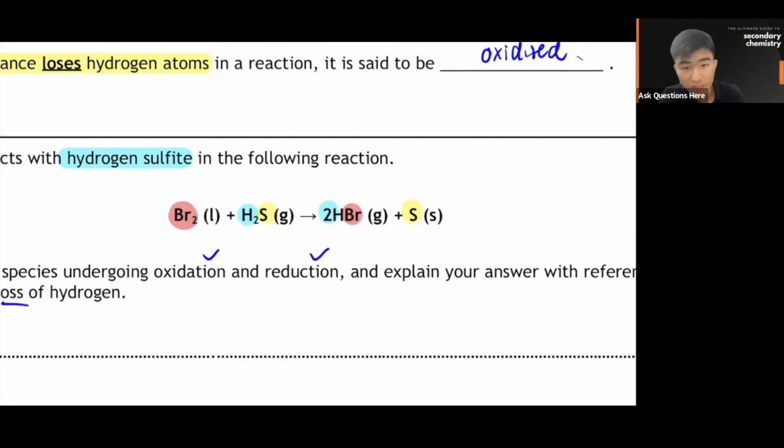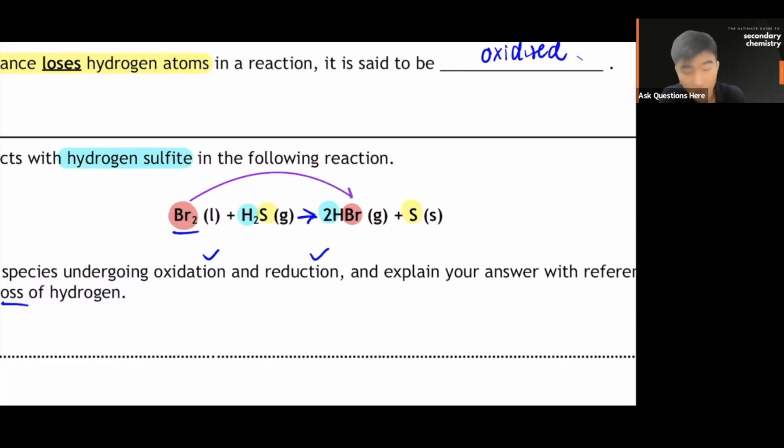Let's look at the equation first. Now, before the reaction, always notice where is the arrow? You will notice that there is bromine, there is H2, and there is sulfur. So let's look at bromine first. Bromine on the left-hand side to the right-hand side, what has happened?